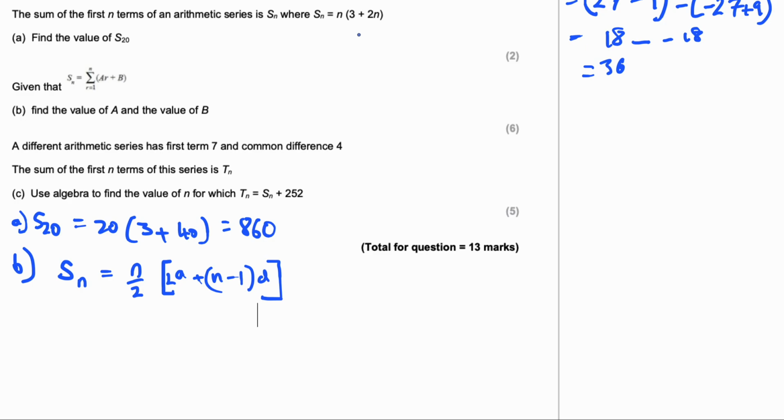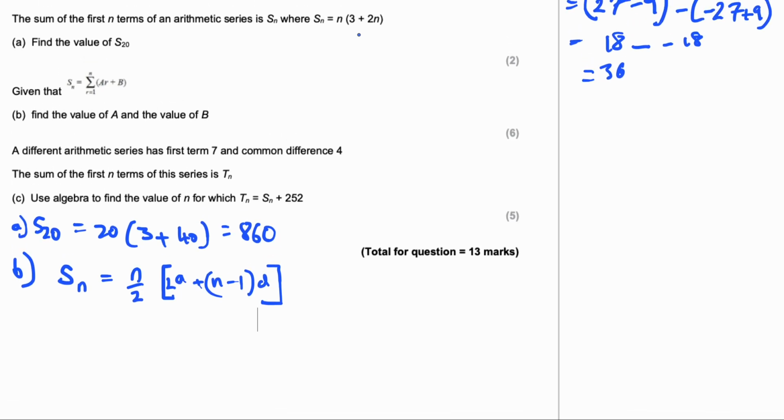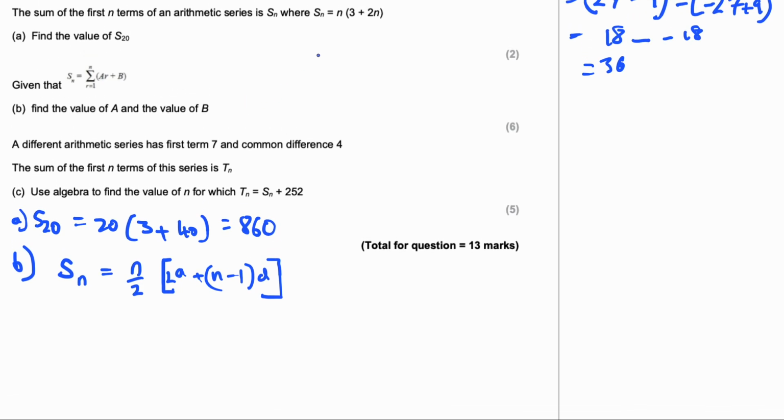So the question we have to ask ourselves is how we're going to find out what the sequence is. Well, we can do that by inserting values. So what's the sum of the first one term of the sequence? It's going to be 5.